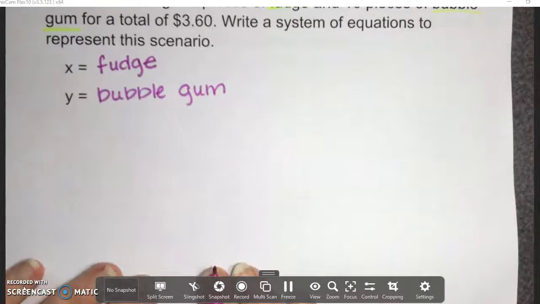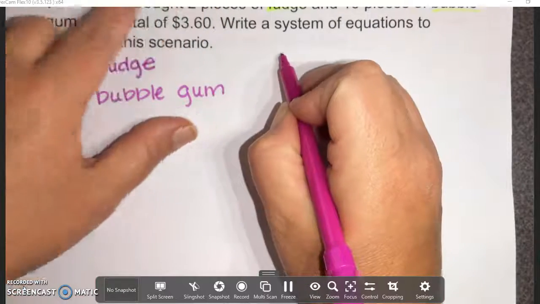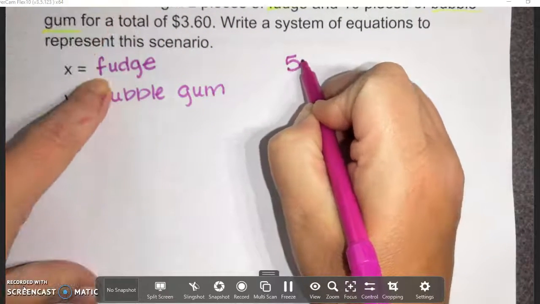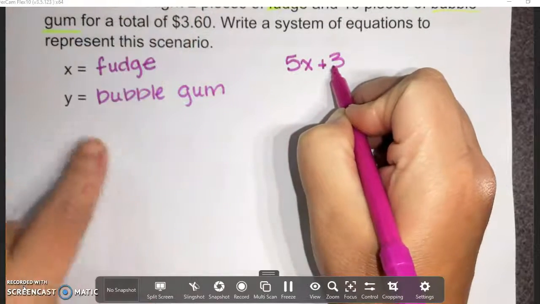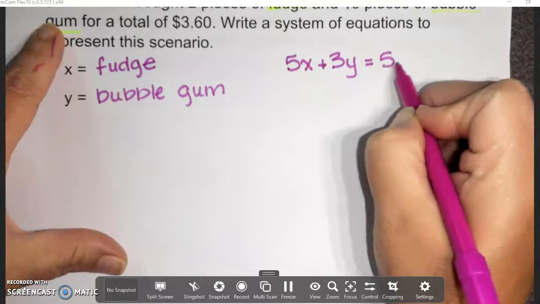So let's think about this. Chase bought 5 pieces of fudge and 3 pieces of bubble gum, and his total was $5.70.